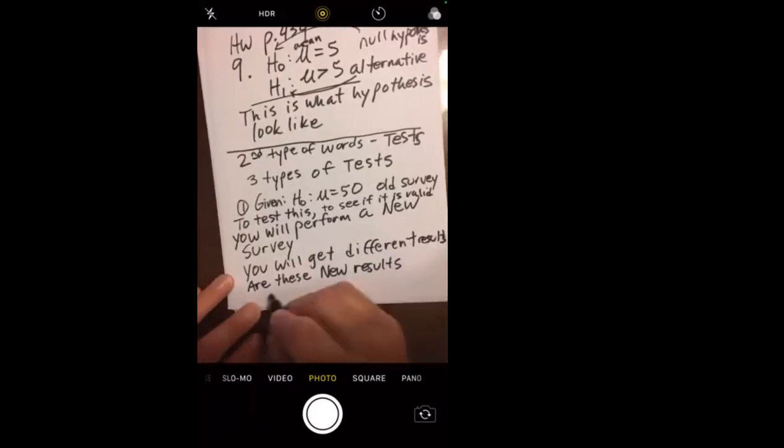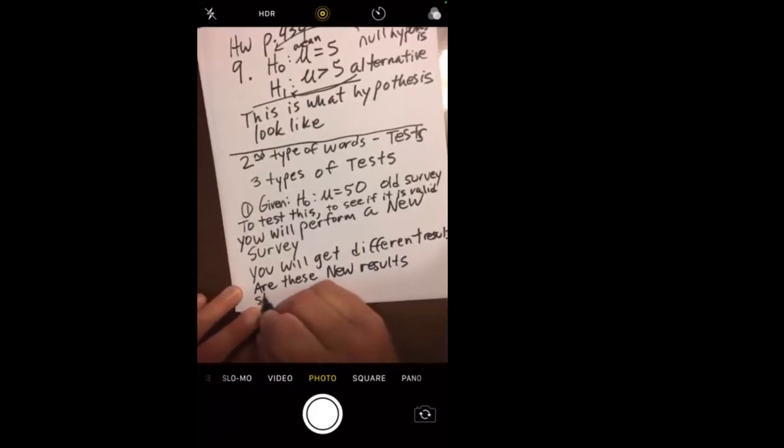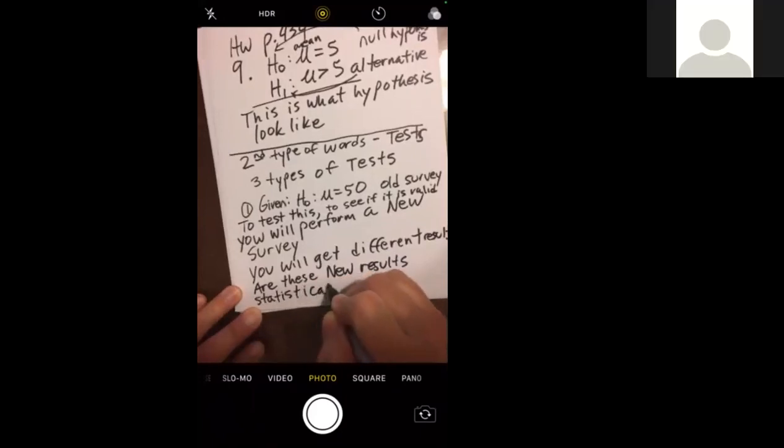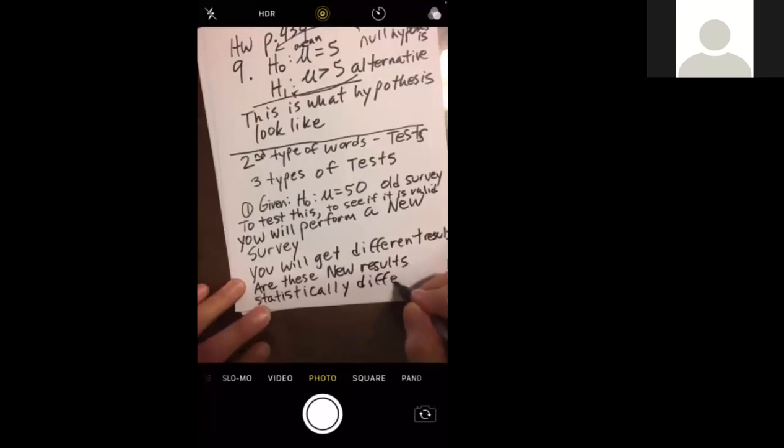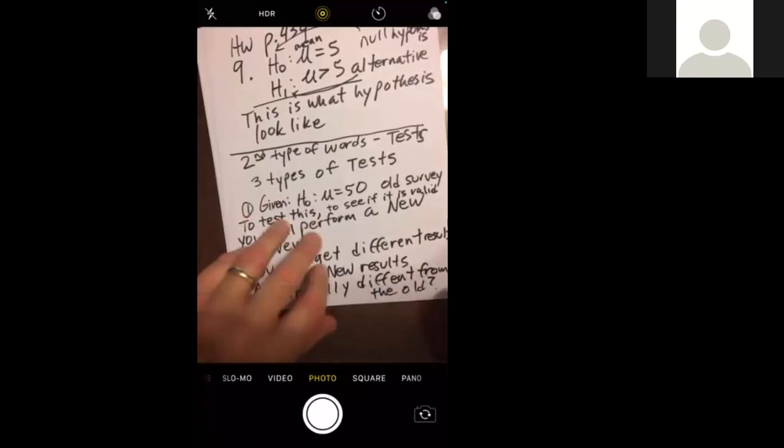Are these new results statistically different from the old? This is the key question. You can word this another way.